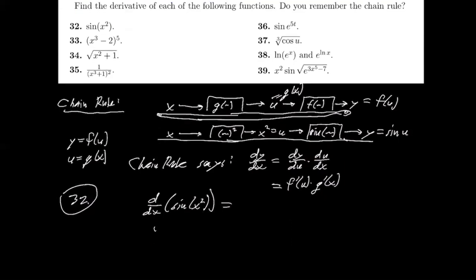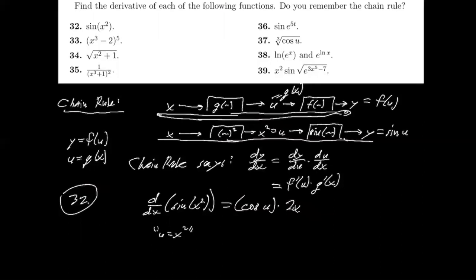So this is really f prime of u. f of u is sine u, so the derivative is cosine u. So you get cosine of u times g prime of x. Here, g of x is x squared, and so g prime is 2x.